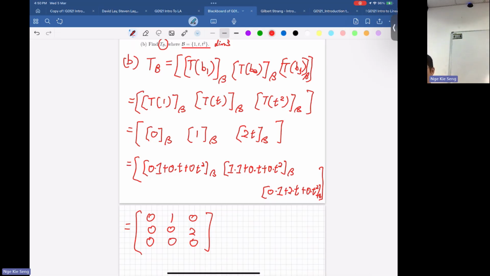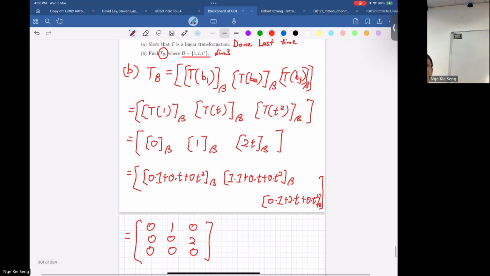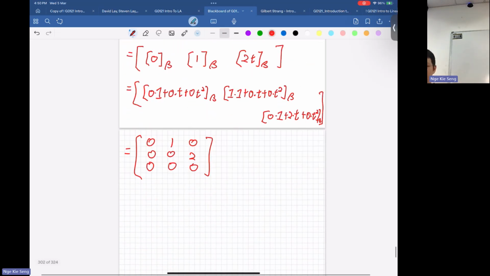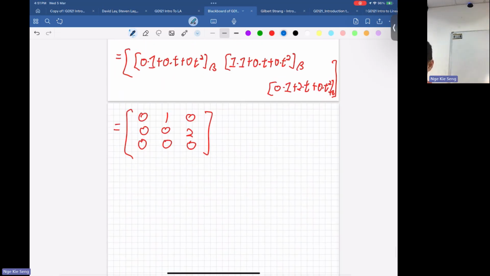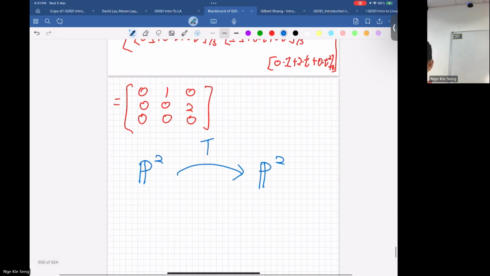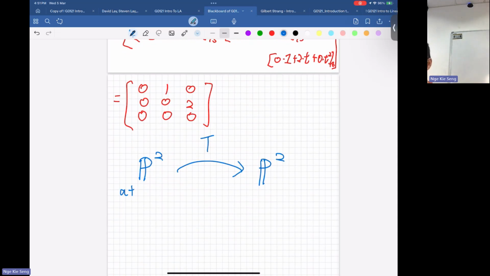Do you know what this matrix can do for you? Let me draw the picture again to keep your memory good. We have this T here, and a plus bx plus cx squared.